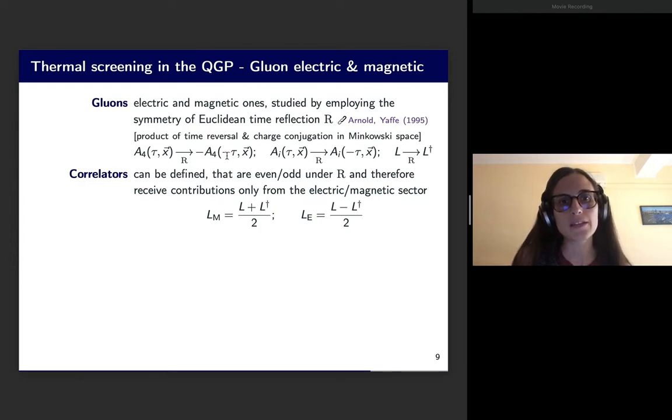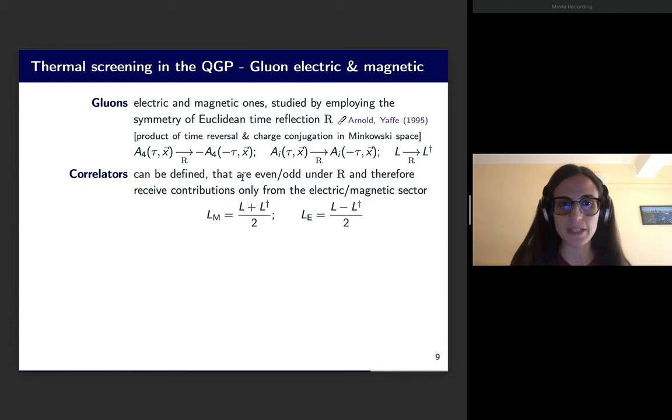And then we have that magnetic or electric gluons transform in a given way under time reflection, either taking or not taking a minus sign, and the Polyakov loop transforms into its dagger. Remember the picture about the correlation of two Polyakov loops. Then the correlators can be defined that are either even or odd under this transformation. And depending on this fact, they receive contributions only from the electric or the magnetic sector.